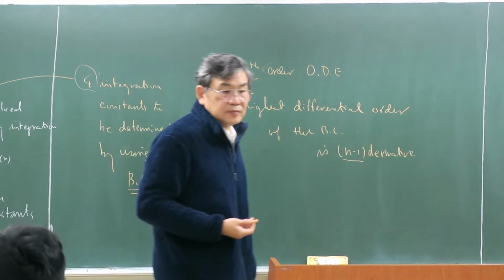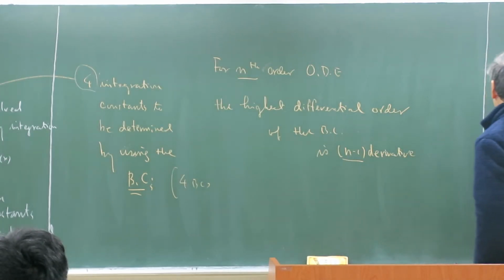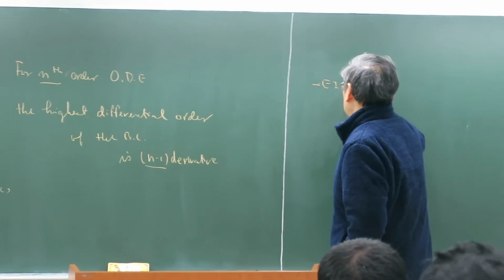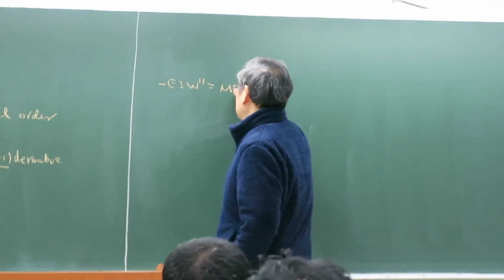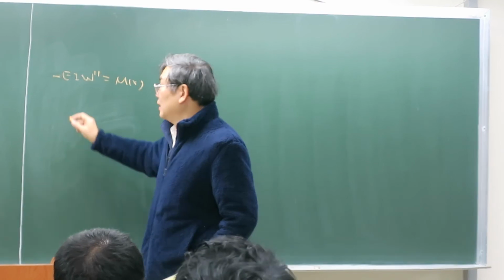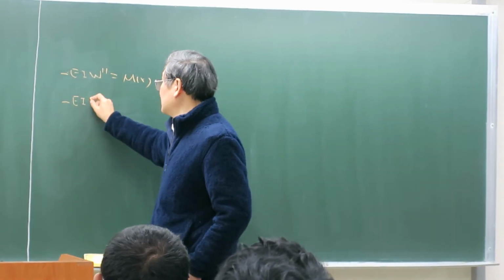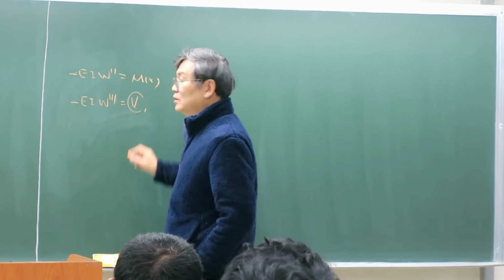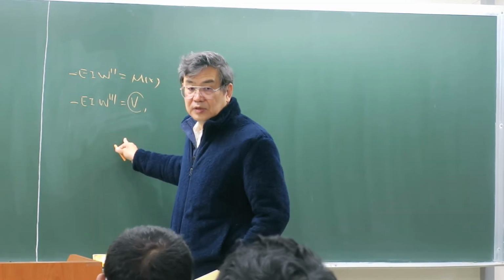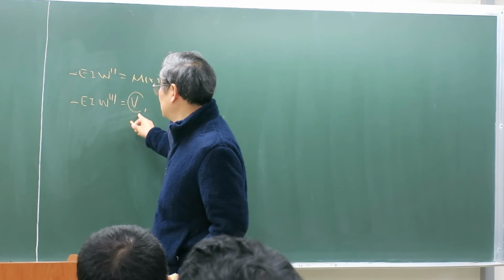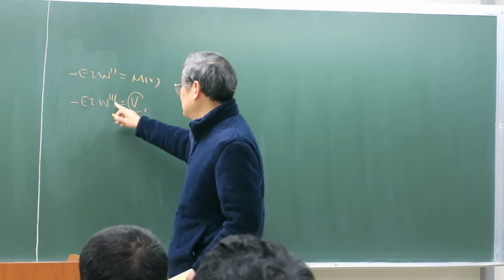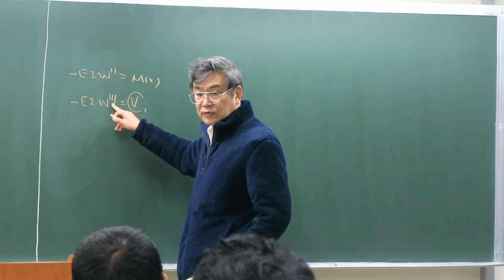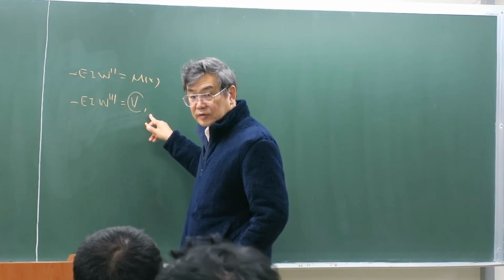So we know minus EI W double prime is equal to moment, right? And minus EI W third derivative is equal to shear. Okay? So the first equation you can use here is W third derivative, I mean the shear boundary condition.